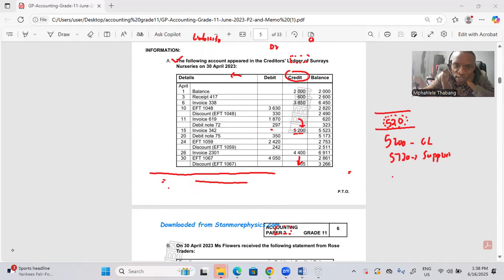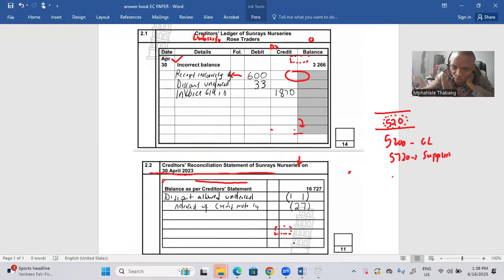That was invoice 342. In creditors ledger, invoice 342, it was undercast. So how much? I said 520 is missing on the credit side.